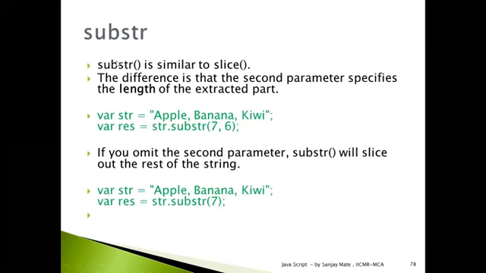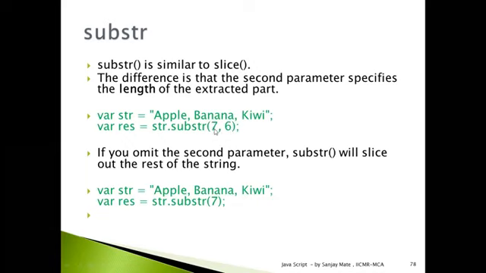Yes, one more is substr. Substring and substr are a little bit similar, but in substr we provide the second parameter as a length, not the index. That is a very important thing. So here you have apple, banana, kiwi, str.substr(7). Now start from the 7th, and here you are not providing 6 as an index, here I am providing the length.